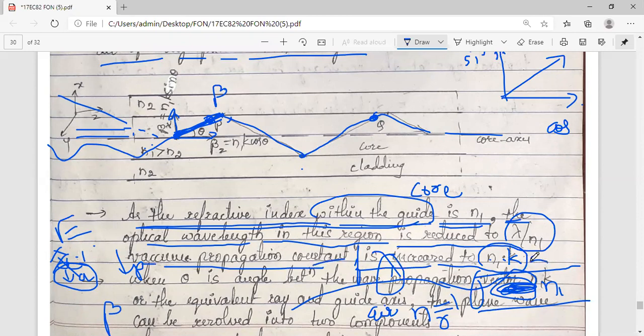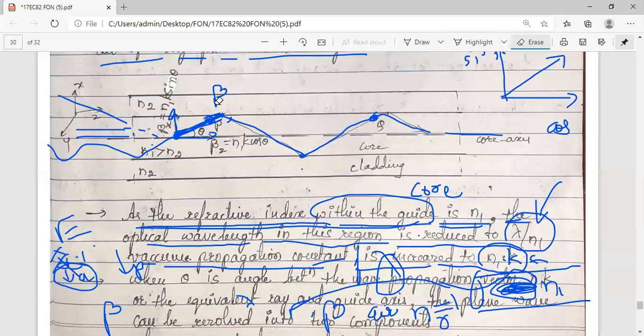It is increased by N1 into K, while the wavelength gets reduced to lambda by N1. So check this difference. In the air, the values are lambda, gamma and beta, but when the wave enters the core material, the values change. Wavelength decreases, propagation constant value increases.